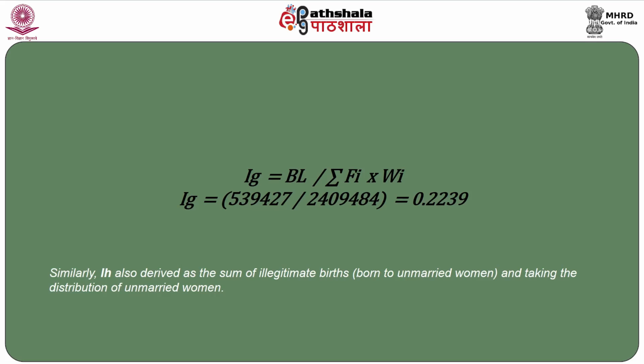Similarly, one can also compute IH. It is derived as the sum of illegitimate births. What do we mean by illegitimate births? By illegitimate births, we are talking about the births to unmarried women, and we need to take the distribution of unmarried women.